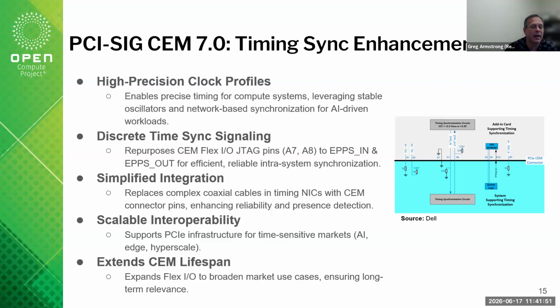And this extends the lifespan. Now it's plug and play. You can add time cards, remove time cards, replace time cards, next generation NICs, acceleration farms, accelerator cards, GPU farms. Anything can be plugged in and take advantage of this EPPS clock to create clock distribution and synchronization.